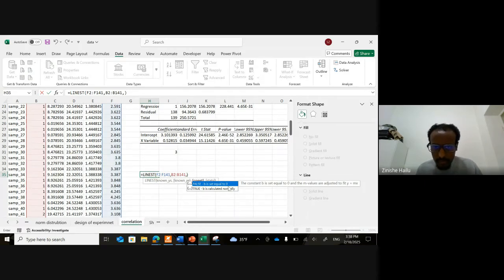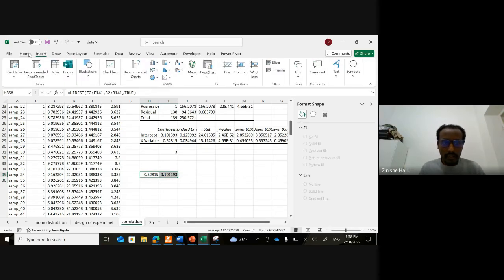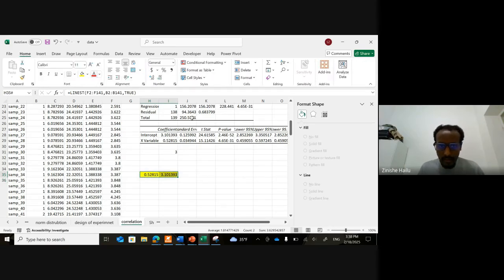Okay, let's say this. We'll see what will happen. So we get the same result. You can check this and this, the two. 3.1 is the intercept, and this is the slope.